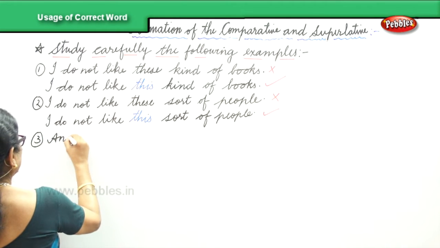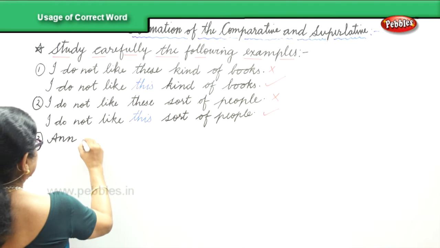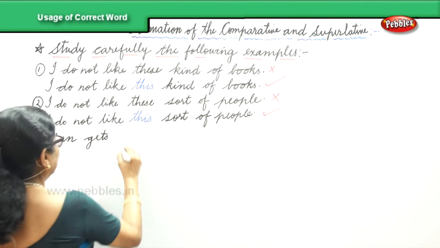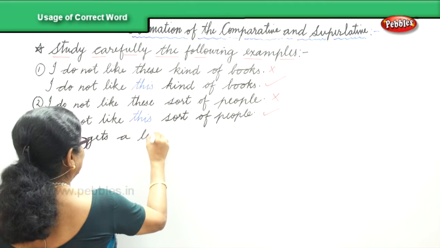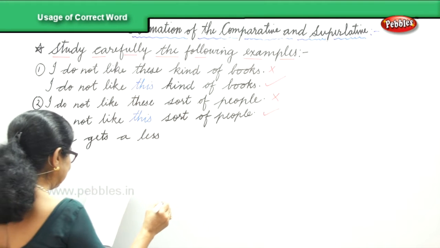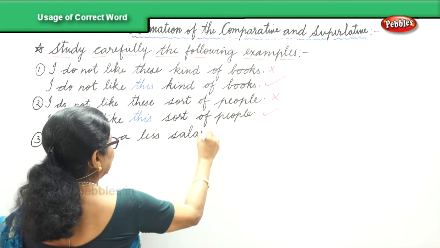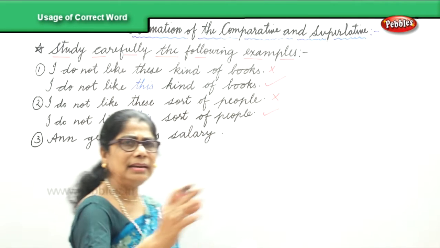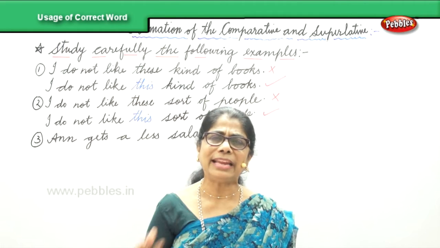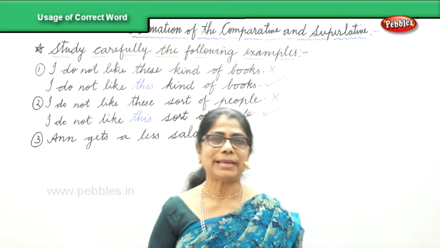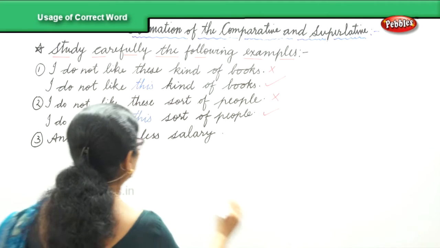Anne gets a less salary. Anne gets a less salary. That's not the right way to say. You should say Anne gets a smaller salary. Okay? So that also is wrong.